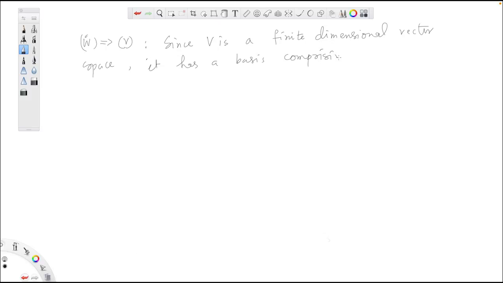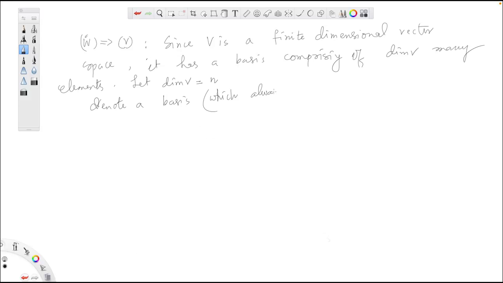Let this finite dimensional vector space have dimension equal to n. Denote a basis, which always exists, we know from the theory of vector spaces.